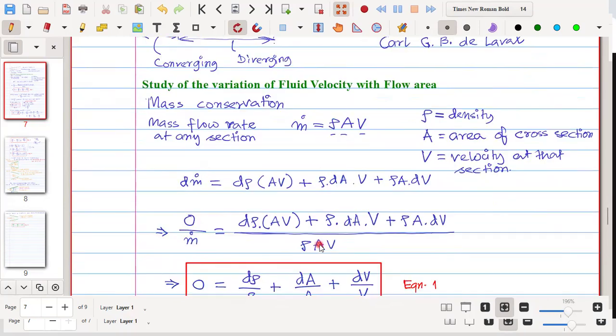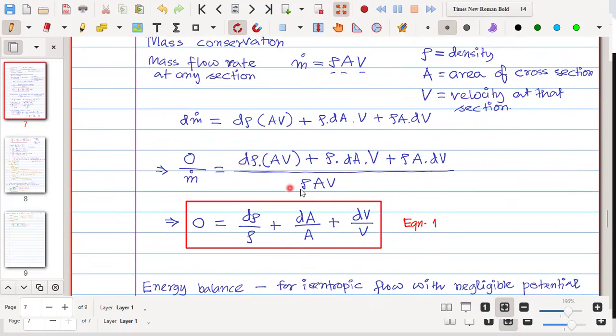Next, we have divided by m dot on both the sides. Here it is m dot and here it is rho AV. Now you see that this AV and AV will cancel. Here, with this term, rho V and rho V will cancel. And in this term, rho A and rho A will cancel. Therefore, it will be d rho by rho in this term, dA by A, because all the other quantities are getting cancelled.